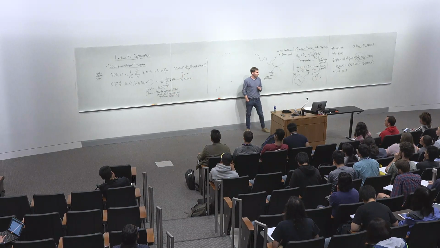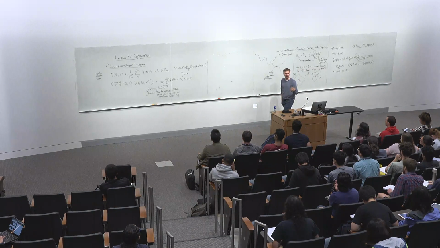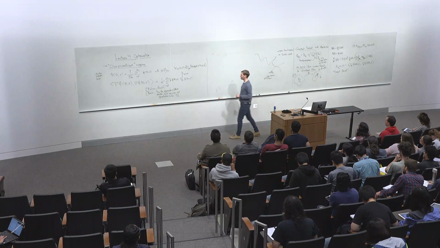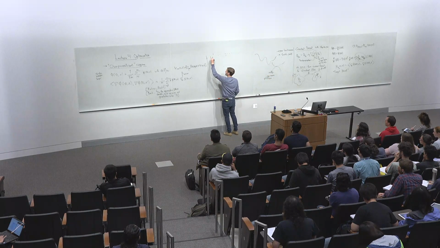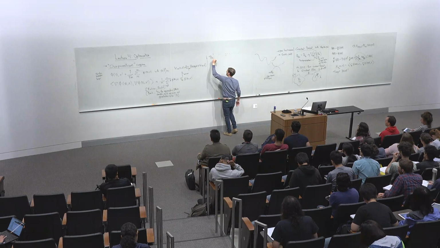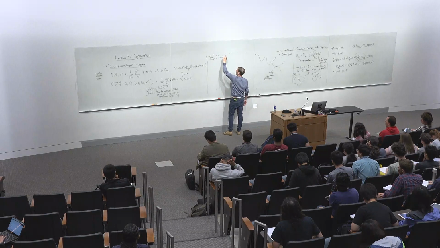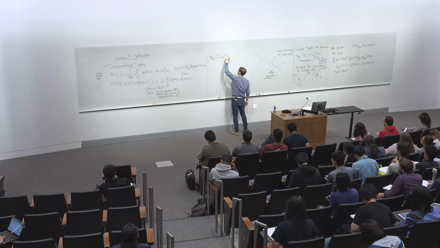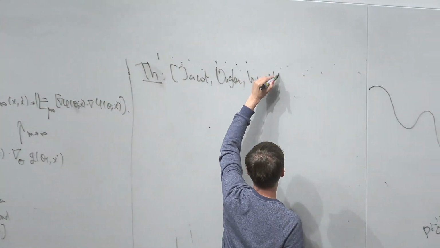The thing that was a bit less obvious, and that boosted a lot the interest in the deep learning community and kernels, is a phenomenon that is maybe a bit less intuitive. And this is captured by this theorem from Jacot, Gabriel, and Hongler from last year.